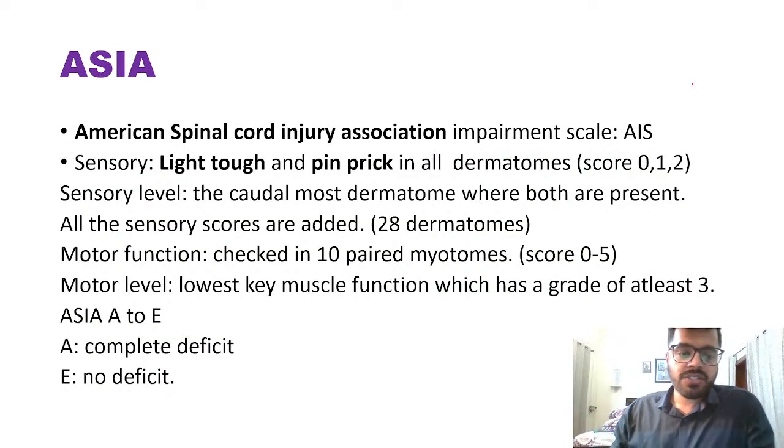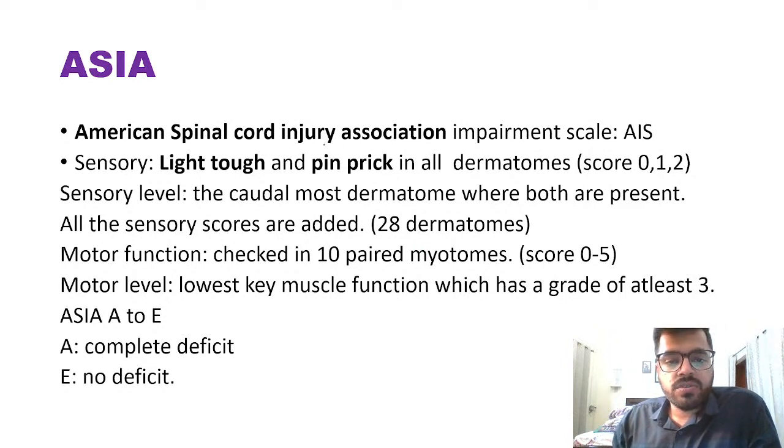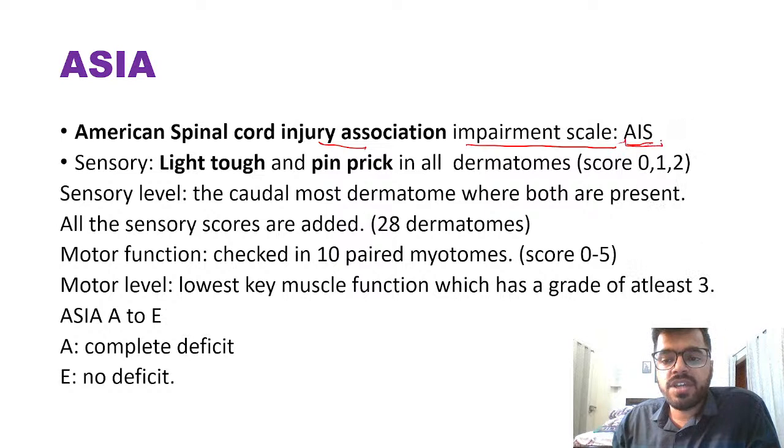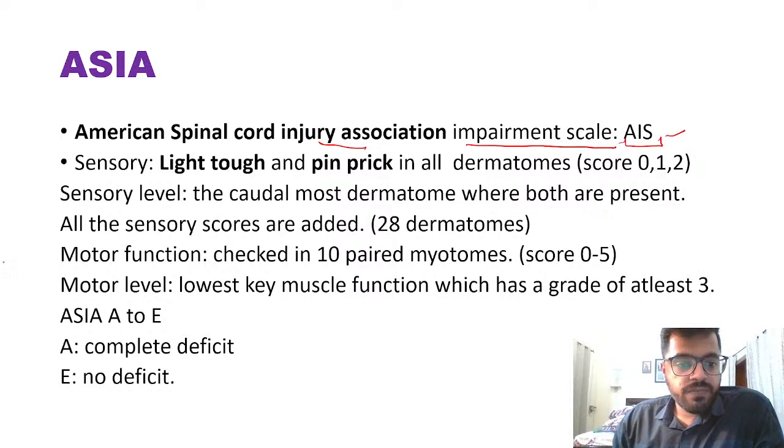So there is ASIA scoring. ASIA, by name it sounds like Asia, but this is American: the American Spinal Cord Injury Association Impairment Scale. So that is the ASIA Impairment Scale, AIS. In this we check all the dermatomes for light touch and pinprick, and we score it 0, 1, 2.